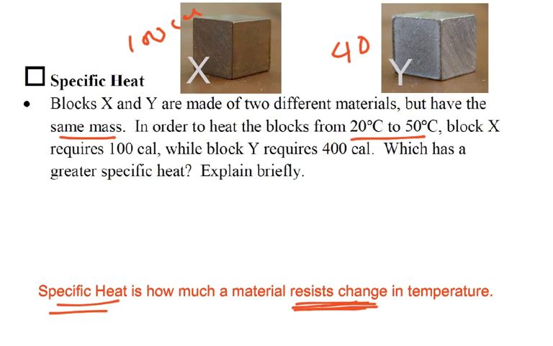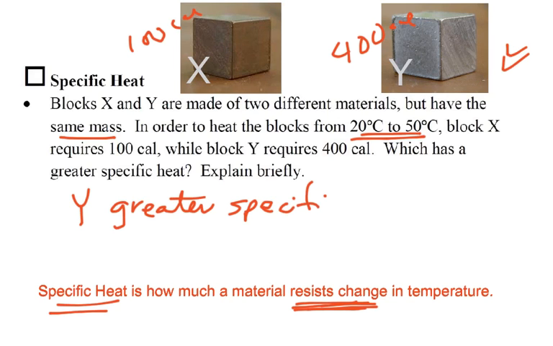So the idea is if it takes 400 calories, which one is resisting change more? Well, obviously this one is, because you had to put 400 calories of energy in to get it to change 30 degrees. So Y has a greater specific heat. And why?